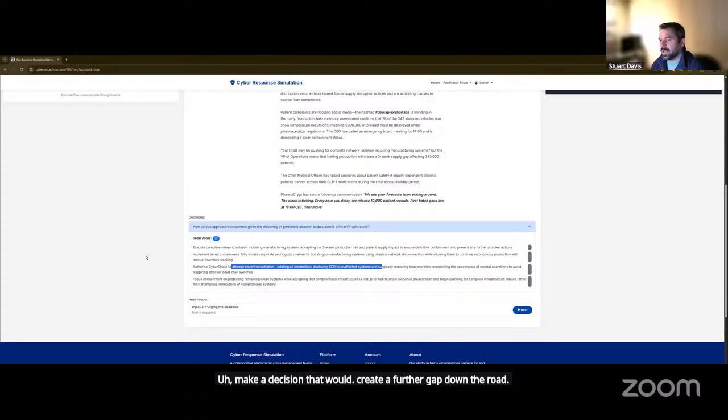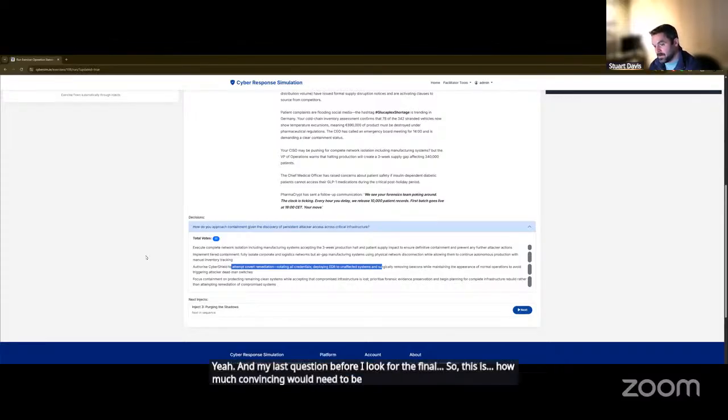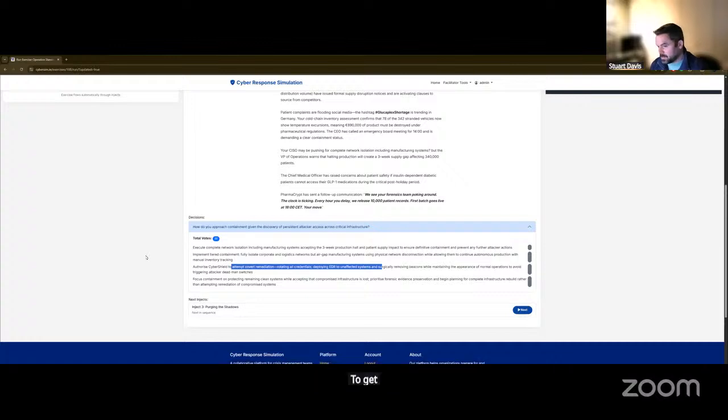Yeah. And my last question before I look for the final votes is, how much convincing would need to be done to get this senior leadership team bought into the idea of not containing by isolating, but by trusting a third-party security tool to do all the blocking?